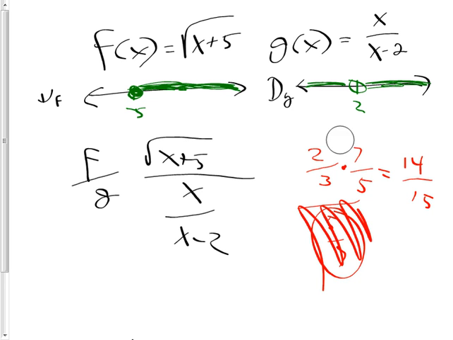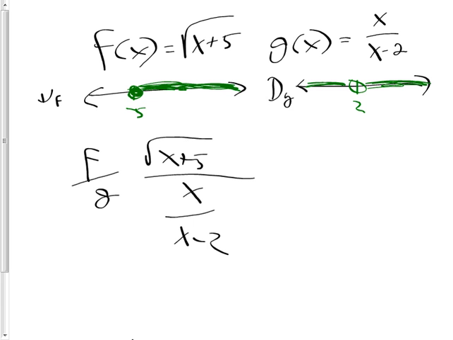Well, then how do I do this one? One of them isn't a fraction. My advice on that is fractions play nice with other fractions. So make this into a fraction on top. Put it over 1. Now it's a fraction over a fraction, and I can change it into a multiply. So I'm going to go square root of x plus 5 over 1. It's the same thing as square root of x plus 5. And instead of divide by, I'm going to say times.